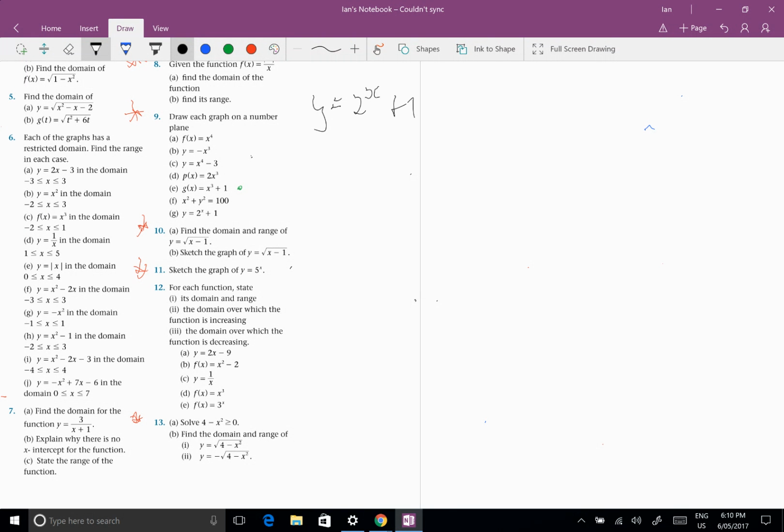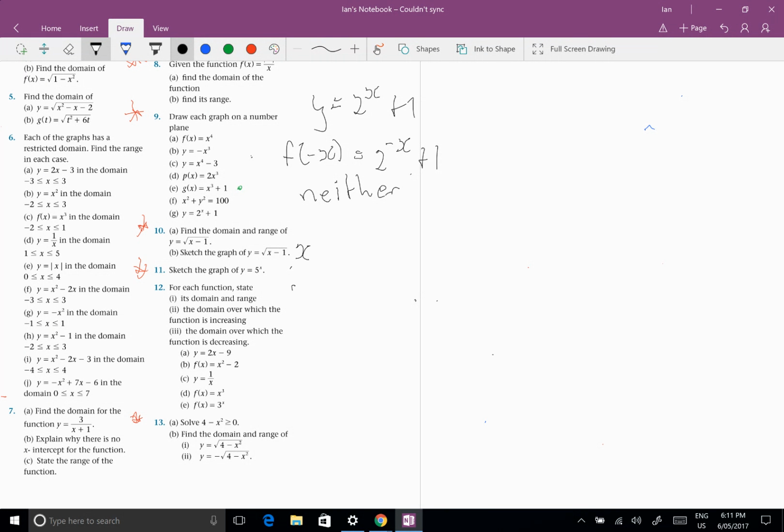Now, let's find out what happens when I find f of negative x. I'm going to get 2 to the negative x plus 1. That doesn't look like f of x. It doesn't look like minus f of x. So it's neither odd or even.